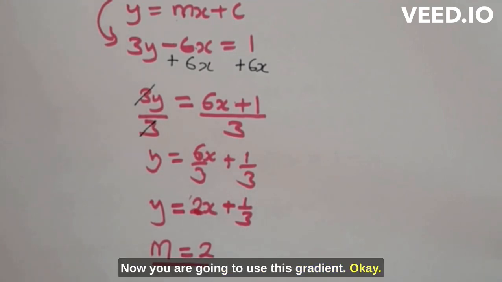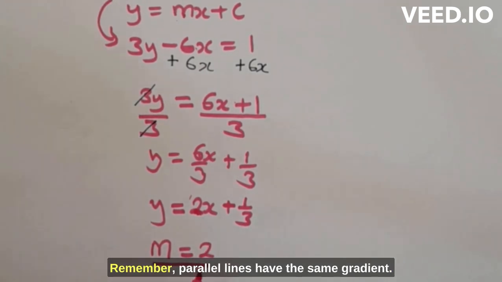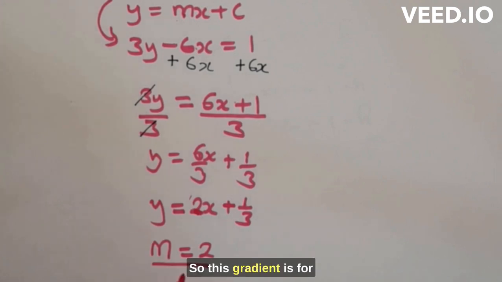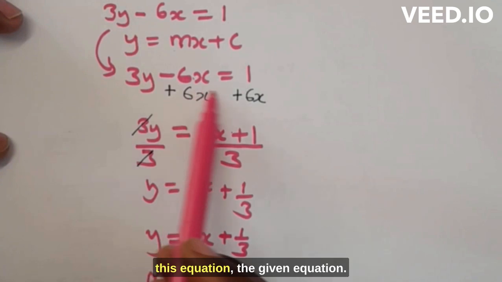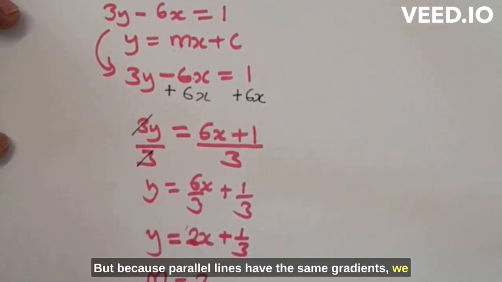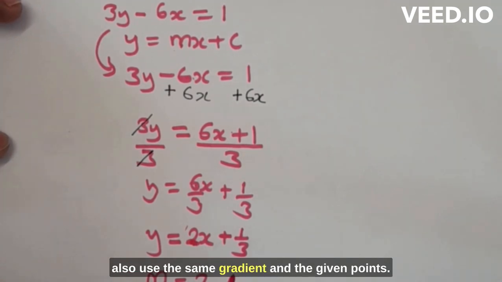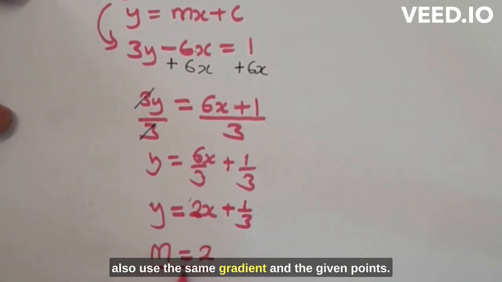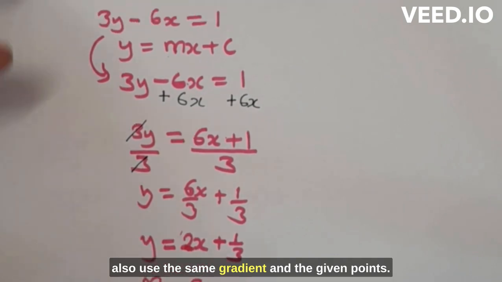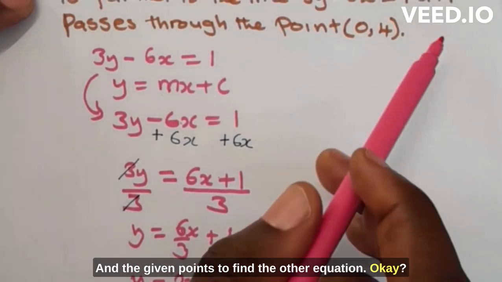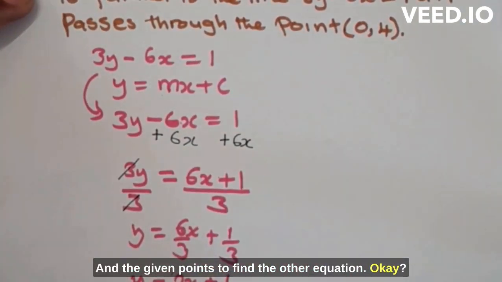Now, you are going to use this gradient. Remember, parallel lines have the same gradient. This gradient is for the given equation, but because parallel lines have the same gradient, we will also use the same gradient and the given point to find the other equation.